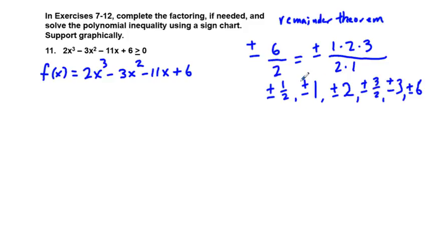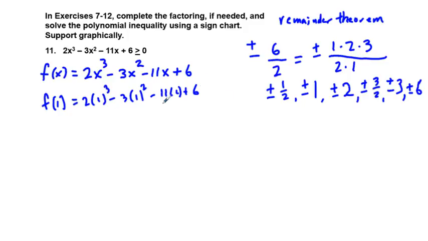And I like to use the whole number ones first, like 1 and 2, to make the arithmetic easier. So if we plug in, we can try 1. If we plug in 1, f of 1, we get 2 times 1 cubed minus 3 times 1 squared minus 11 times 1 plus 6.